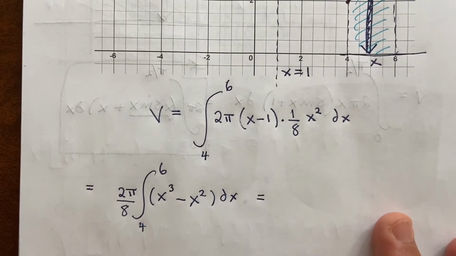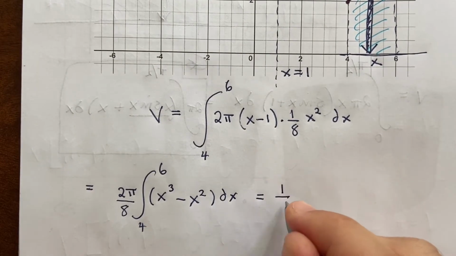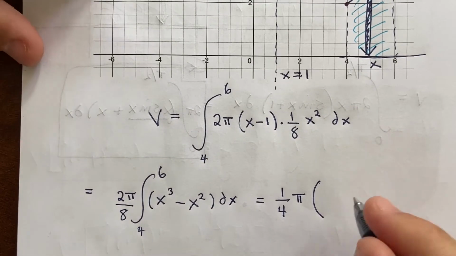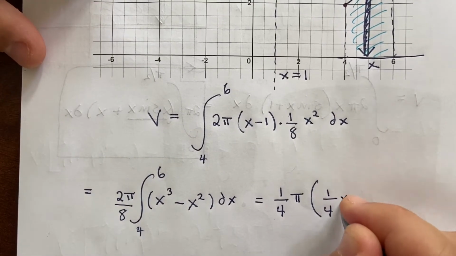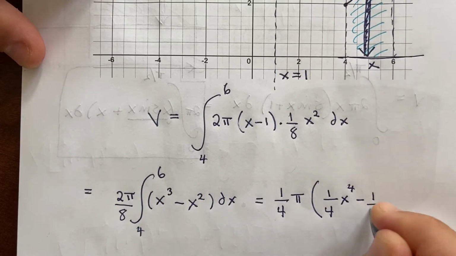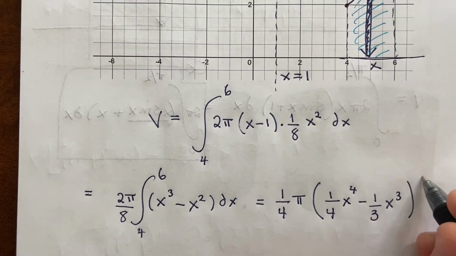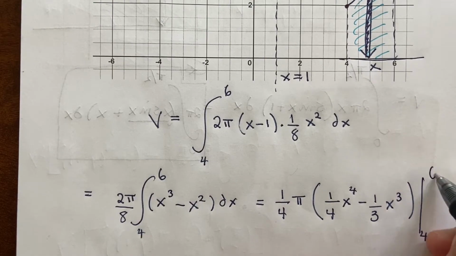Integrating, we're going to get 1/4 pi times 1/4 x to the 4th minus 1/3 x to the 3rd, from 4 to 6.